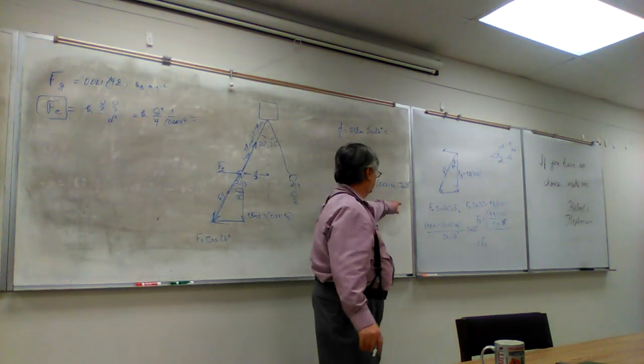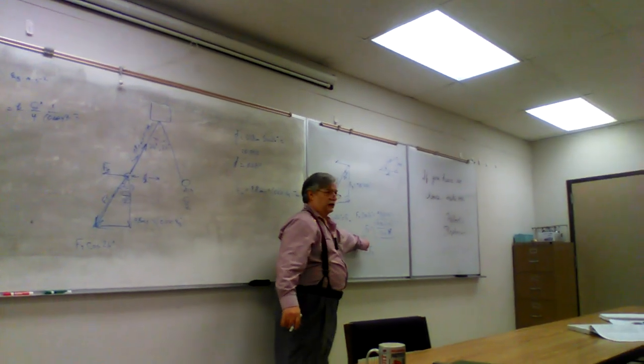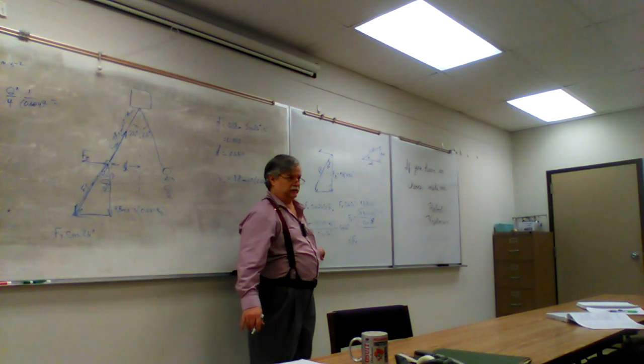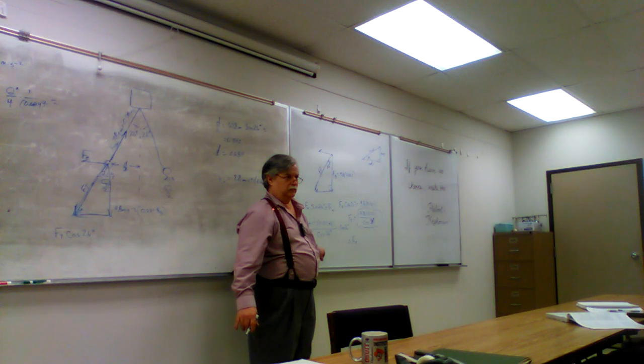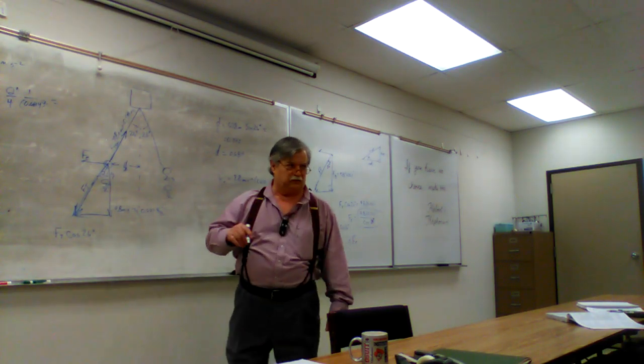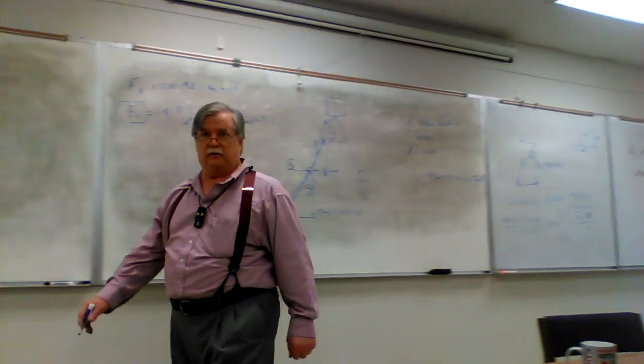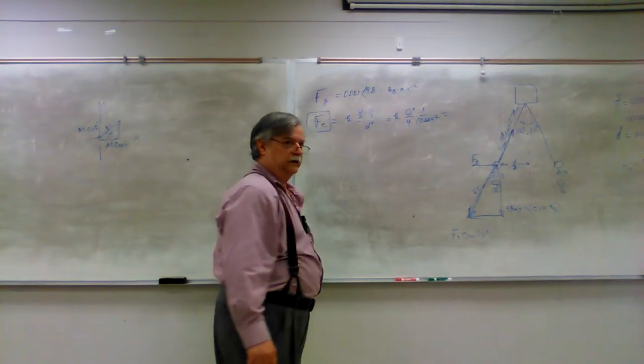That's just tangent 26 degrees is just sine 26 divided by cosine 26. Okay? That's a trigonometric identity. You're going to want that on your index card in your notes for exam time.